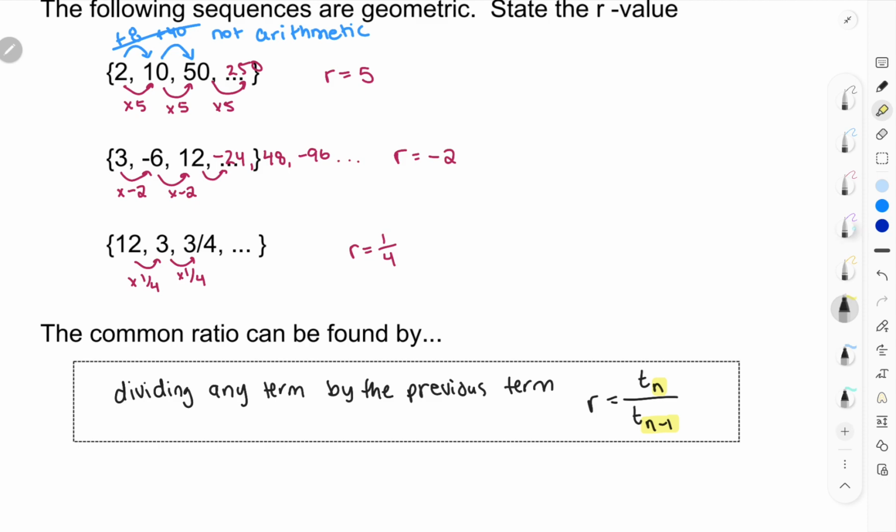So for example, if I did 3 divided by 12, it gives me 1/4. If I did 3/4 divided by 3, well, that's the same thing as 3/4 times 1/3. The 3's cancel out. It's still 1/4 from any term to the next term, as long as I put the further term along on the top and the earlier term, the previous term, on the bottom.